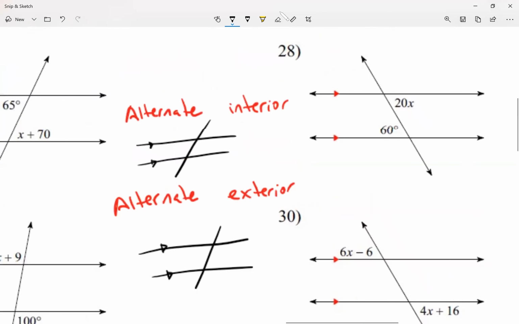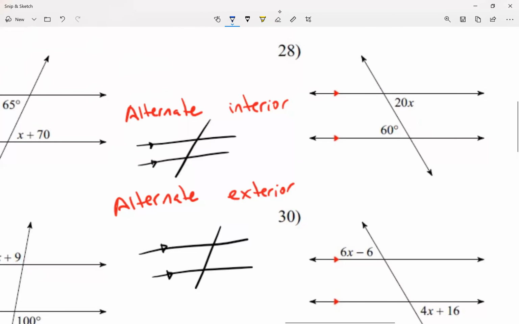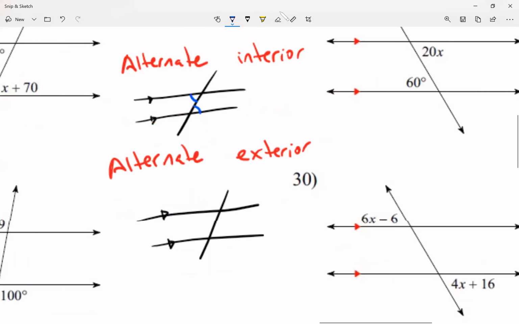So an example of alternate interior could be this angle with this angle. Notice how one is on the left side of the transversal and the other one on the right side, and both of them are in between the parallel lines. So that's alternate interior.